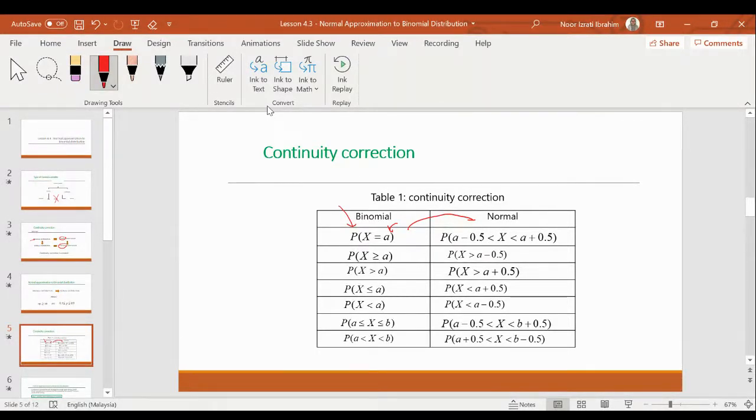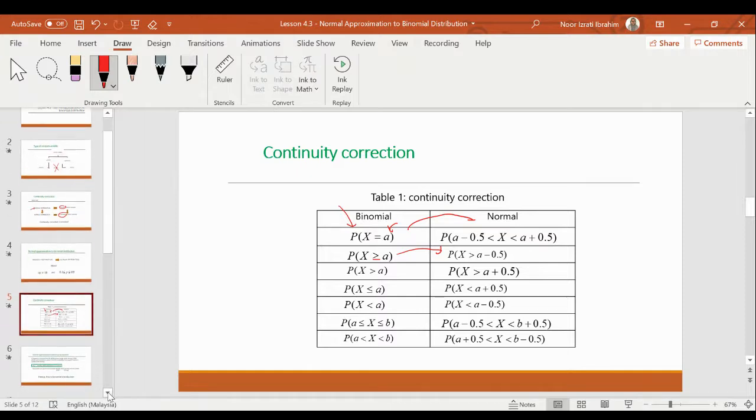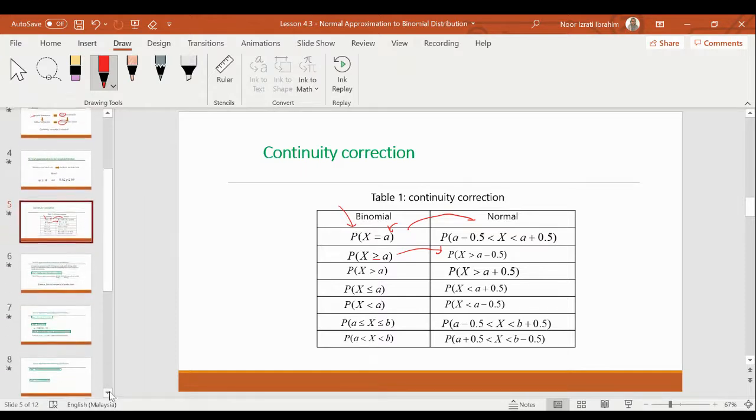If we have x greater than or equal to a as the original question, then with continuity correction it will become x greater than a minus 0.5 and so on. So please refer to this table every time you want to do continuity correction or normal approximation.